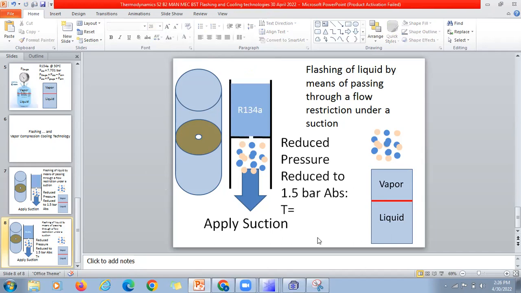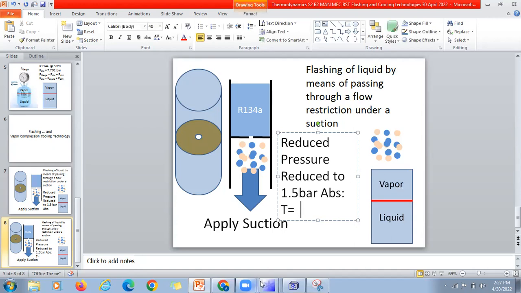Above the flow restriction, later we will talk about the pressure, but below the flow restriction, let's say this is 1.5 bar absolute. Now we have to look for the temperatures for 1.5 bar absolute.